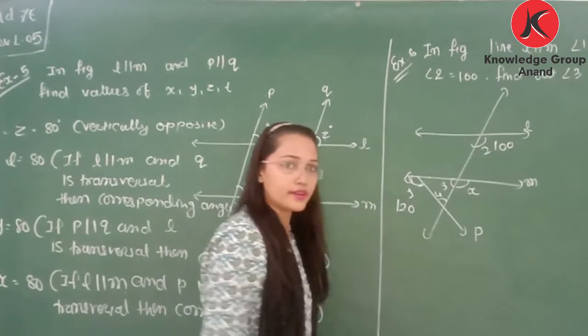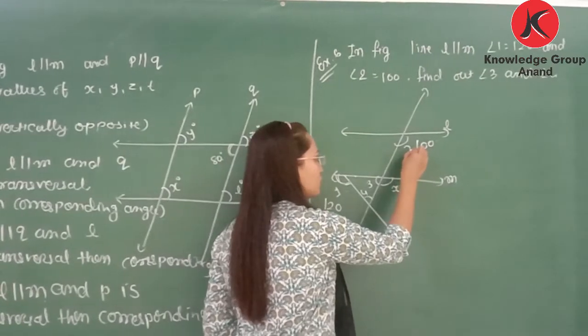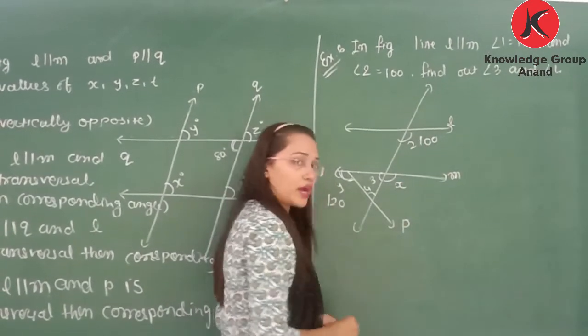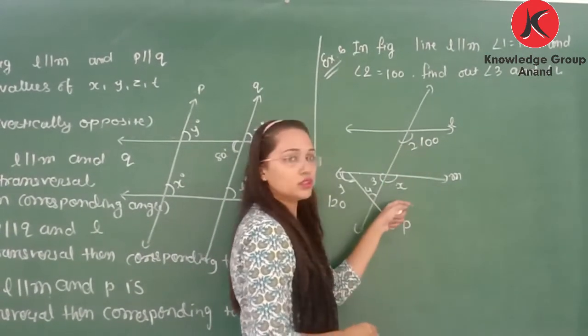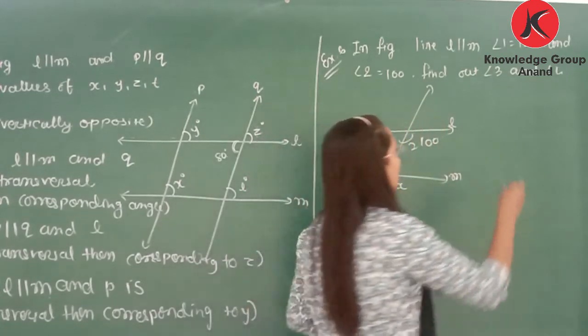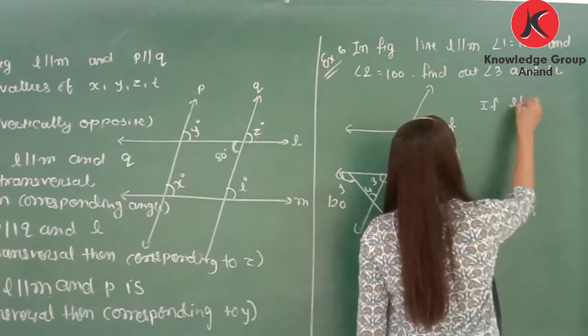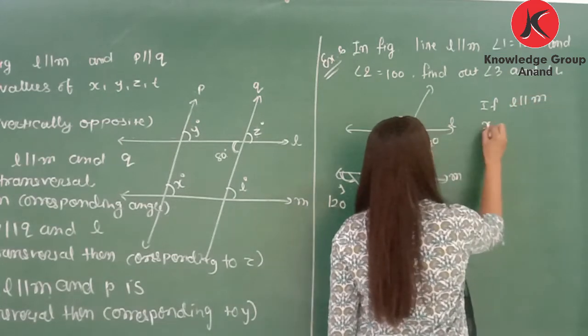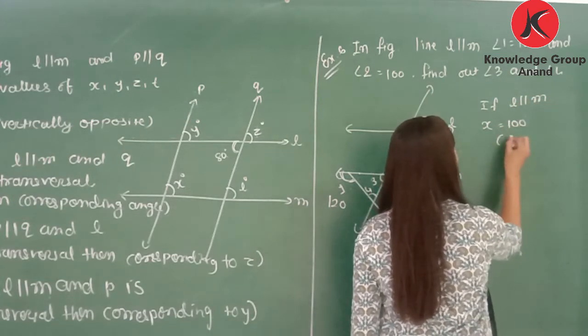Let's say this is x. If angle 2 is 100, then x will be 100 because they are corresponding angles. If L is parallel to M, then x is also 100.